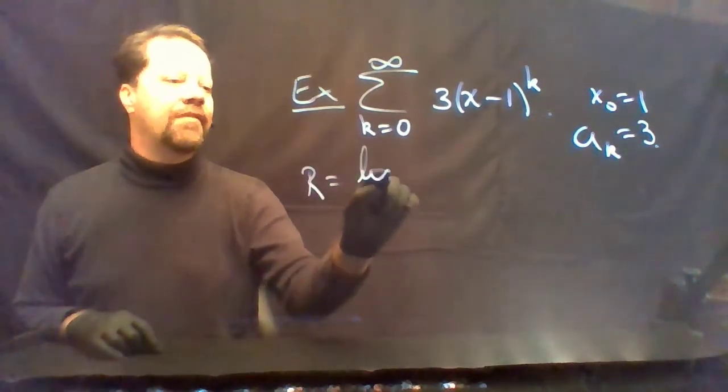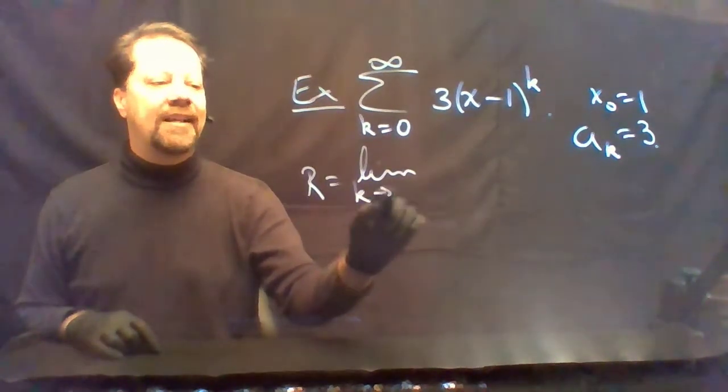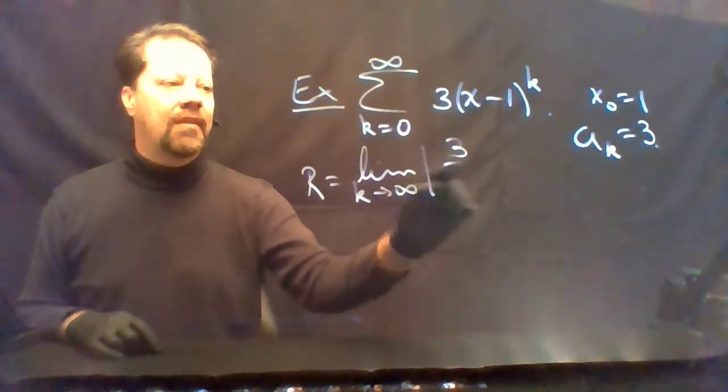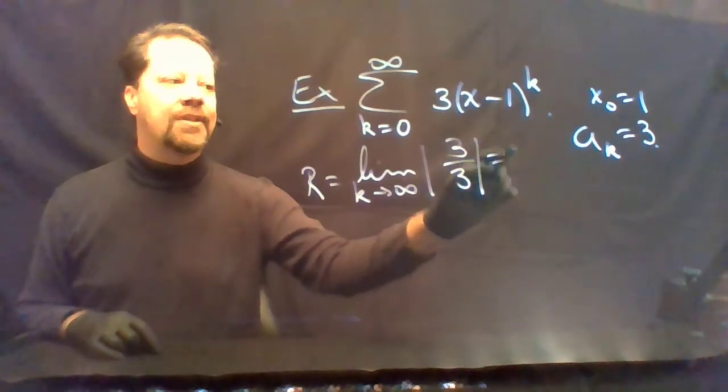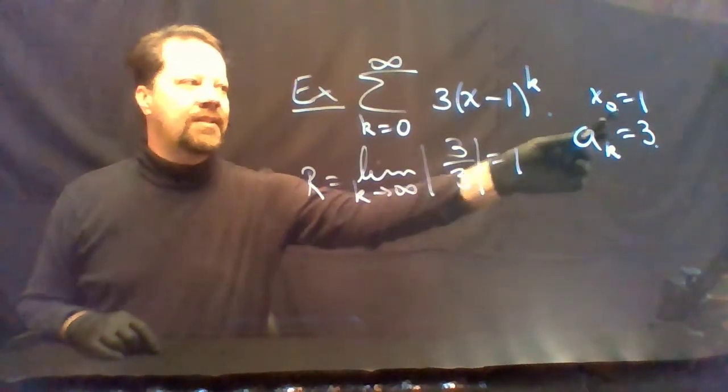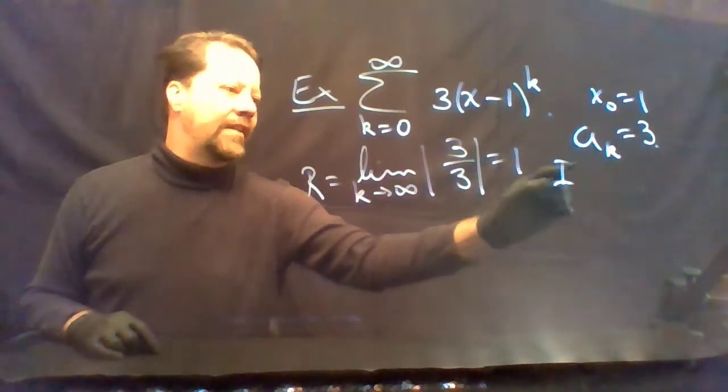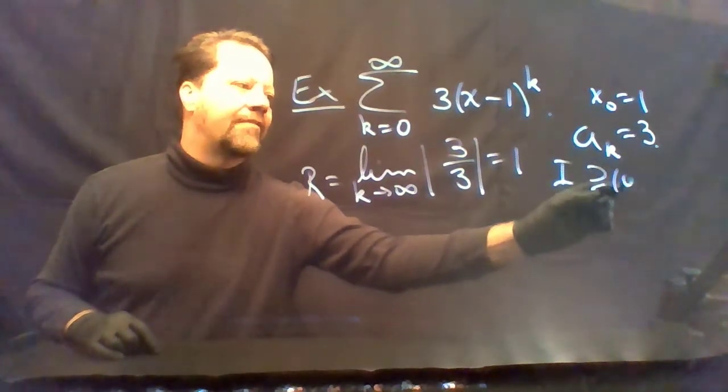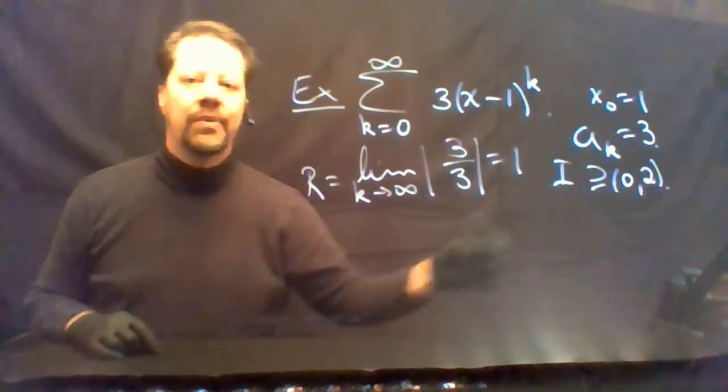So the radius of convergence will be the limit as k goes to infinity of 3 divided by 3, which is 1. Since the center is 1, the interval of convergence will contain everything from 0 to 2.